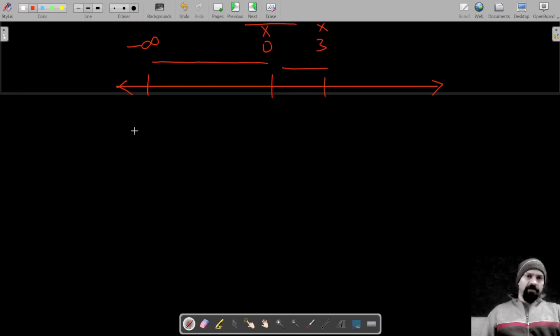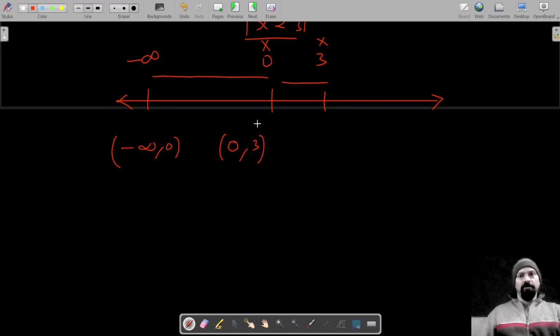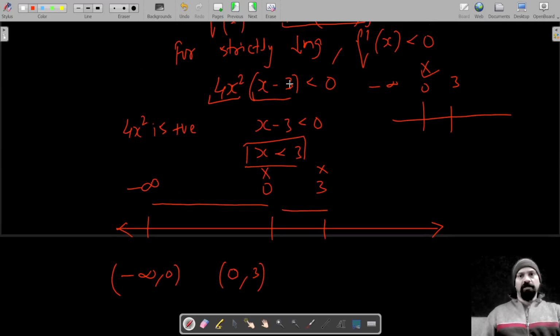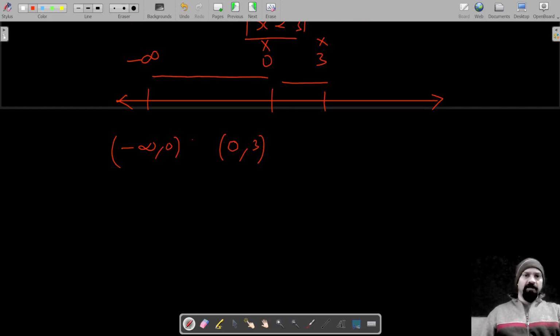So the intervals in which the function is strictly decreasing are negative infinity to 0, an open interval in which 0 is not included, then from 0 to 3, where 3 is also not included, because if you put x equal to 3, f dash x becomes 0. So this is the union of these two disjoint intervals.